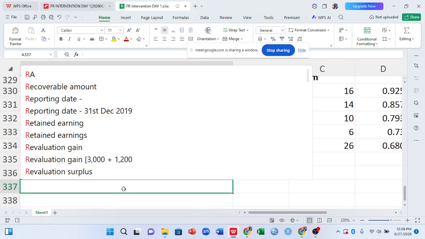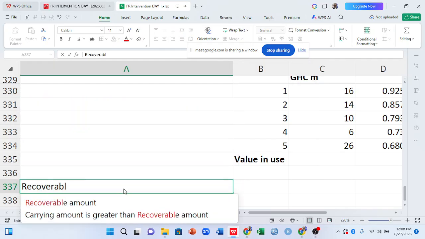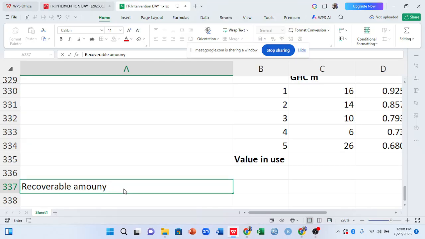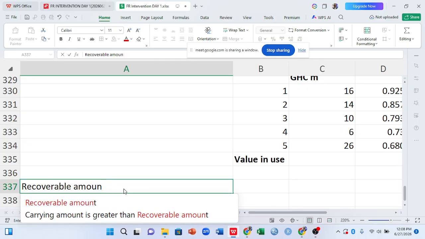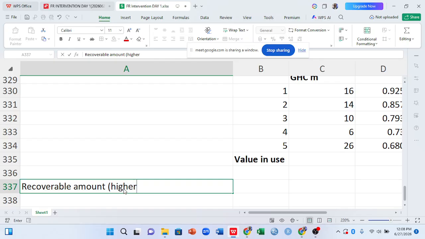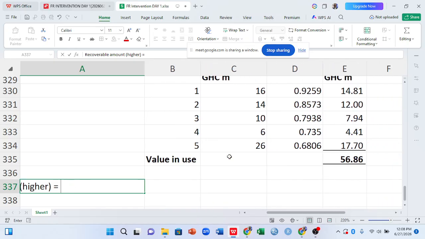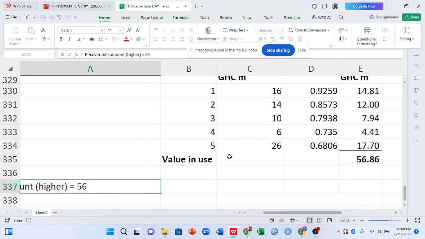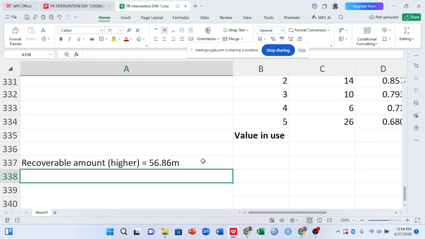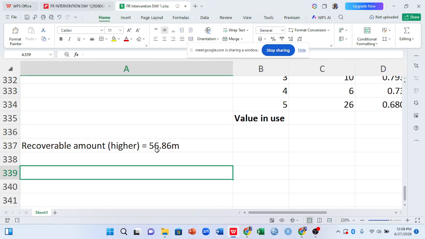So since that one is higher, that one becomes the recoverable amount. Remember we pick the higher figure, and that is the value in use, which is 56.86 million.